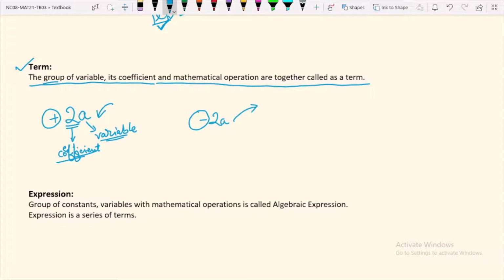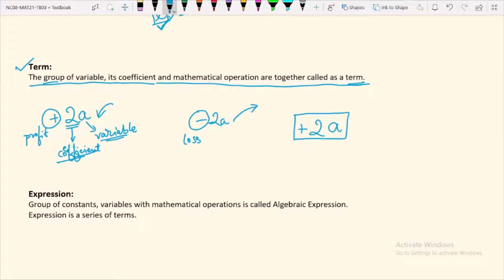The symbols indicate either profit or loss: plus is profit, minus is loss. So the variable here is A, the coefficient is 2, and the mathematical symbol beside the number; this whole thing is called a term.